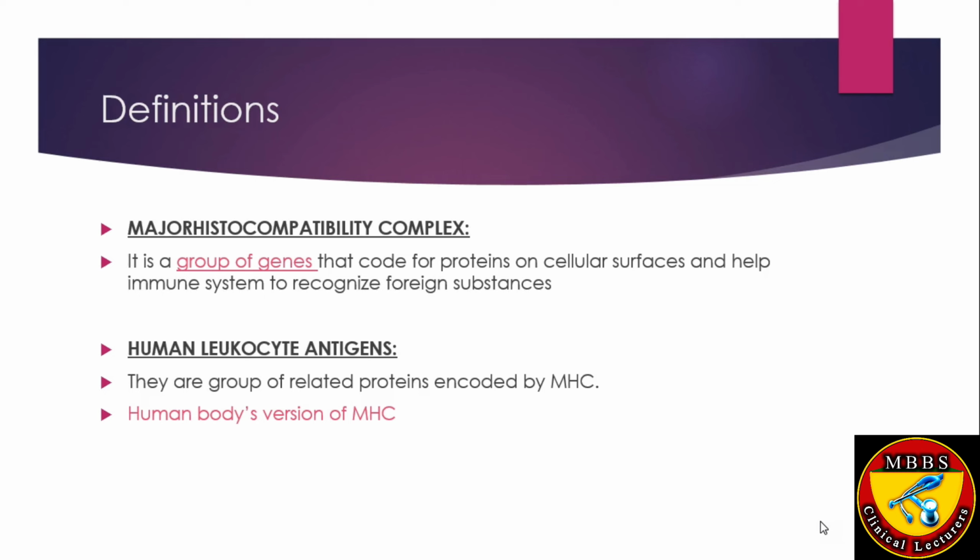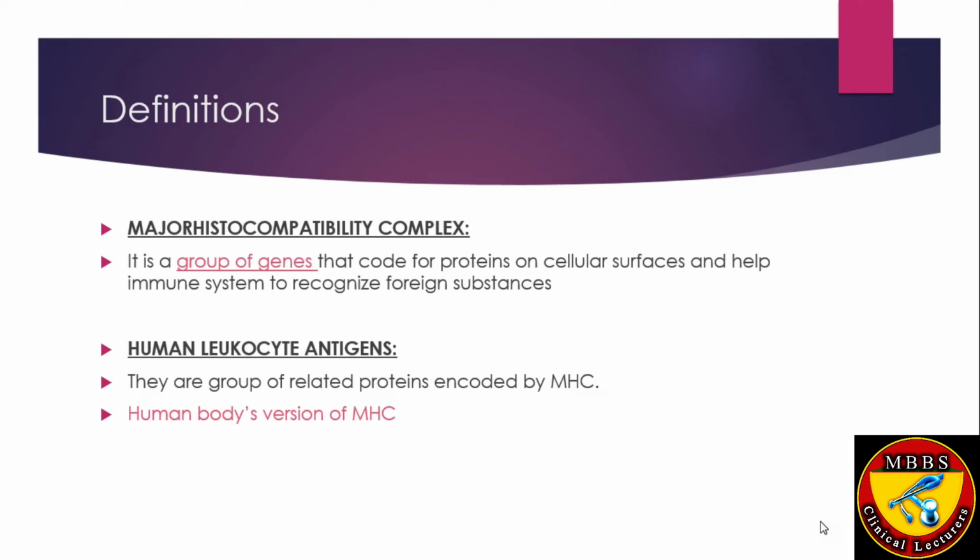Overall, a major histocompatibility complex or MHC is a group of genes that encode for the proteins found on the surfaces of the cell, and these proteins help the immune system to recognize foreign substances. It means this group of genes codes for those proteins which help our immune system differentiate between self and non-self.